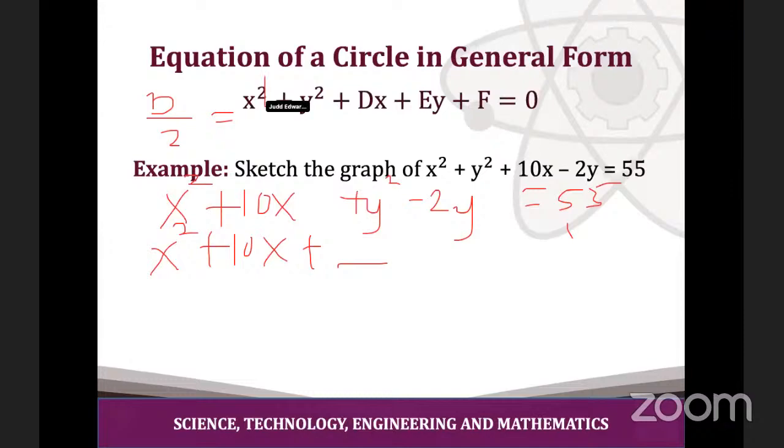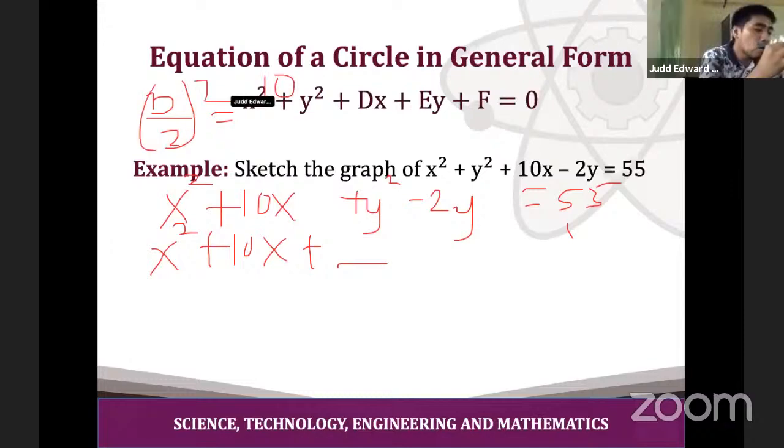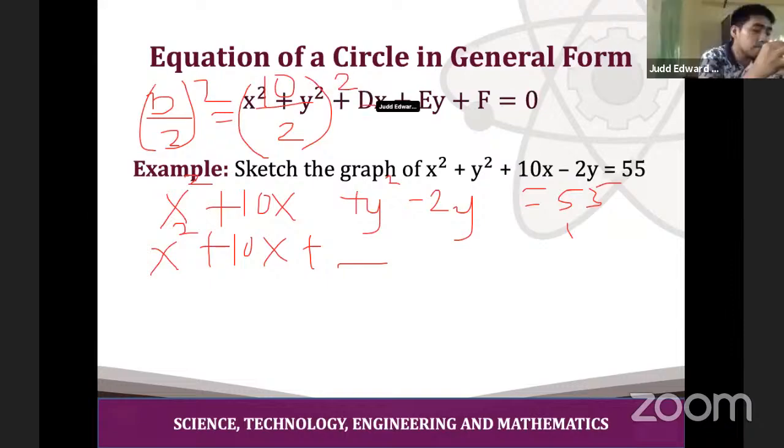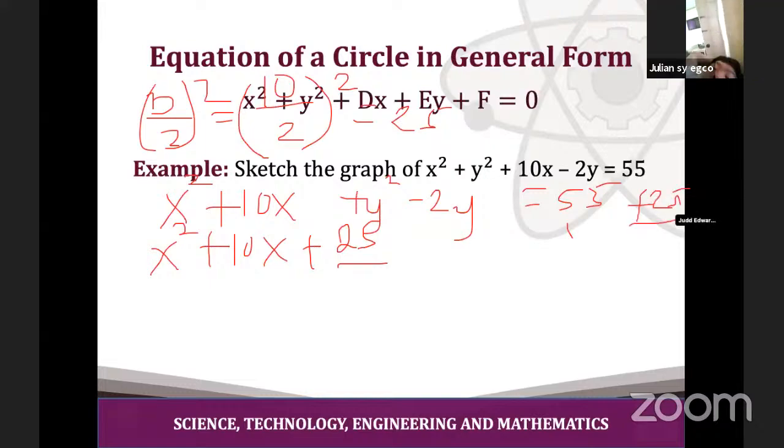Therefore, we will be having 10 over 2. That is 5. What is 5 squared? 25. Therefore, we will be adding here 25. Okay. If we add here 25, dapat mag-a-add din tayo ng 25 dun sa taas. Sa right side.